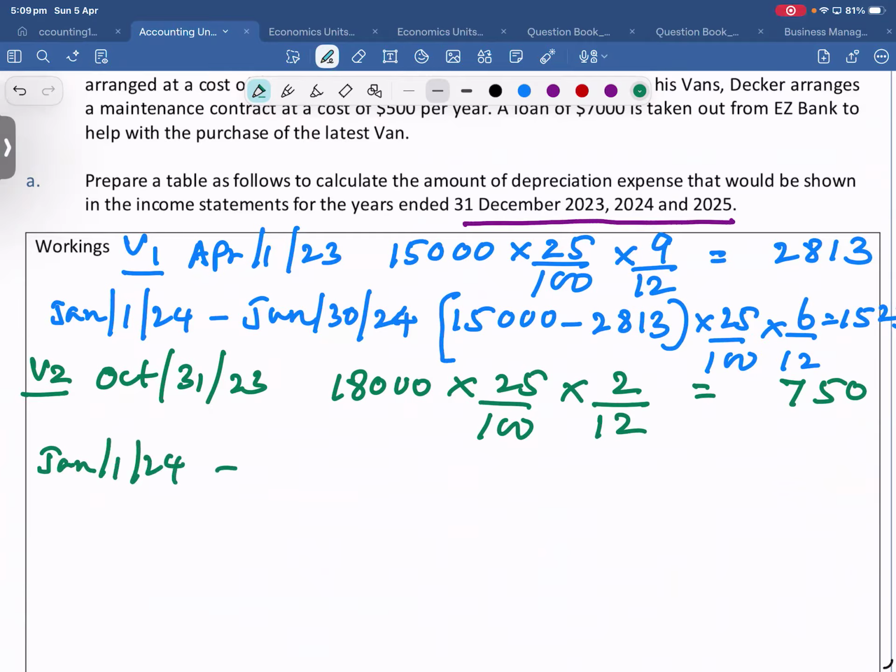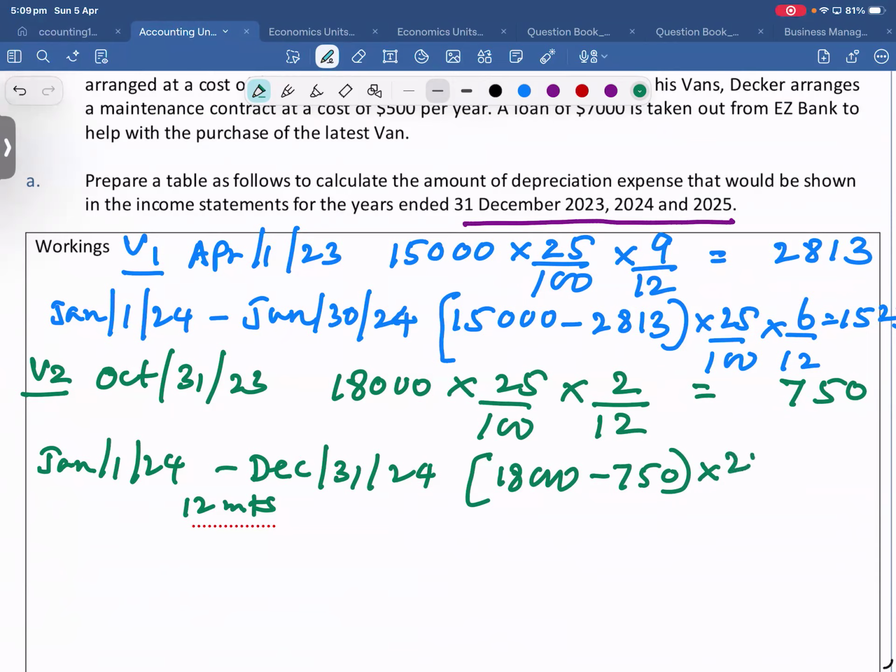So 12 months are there here. So 18,000 take away 750 times by 25%, which is 4313. So 4313 is 24.